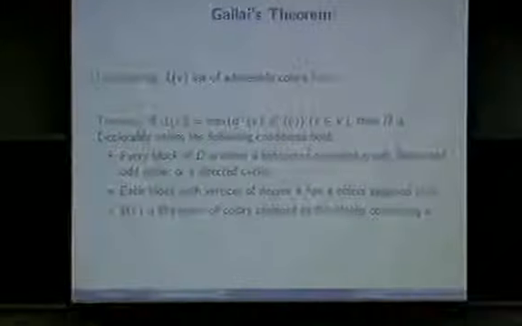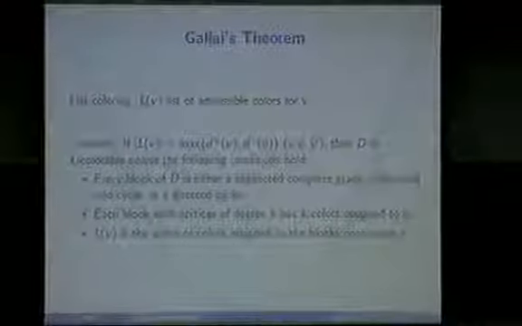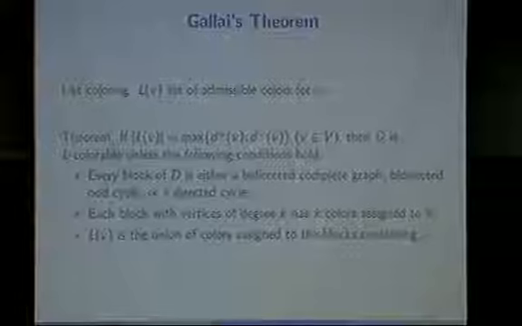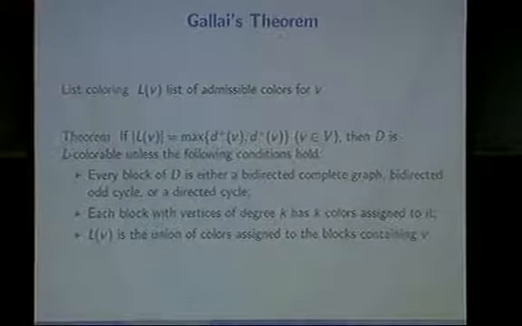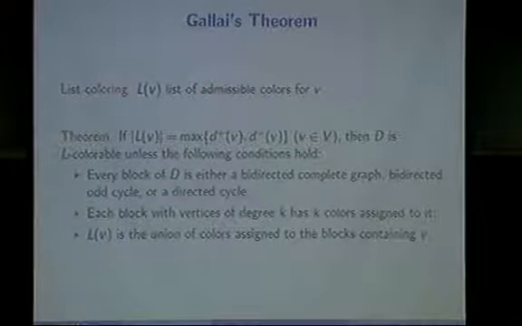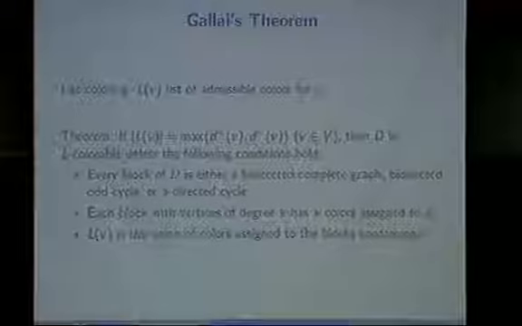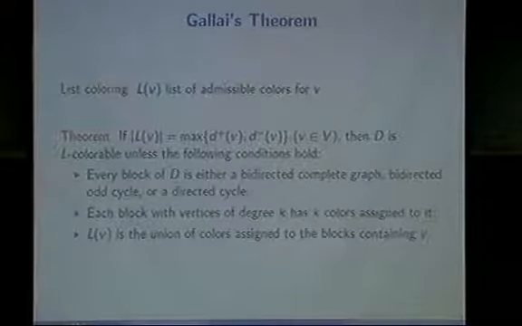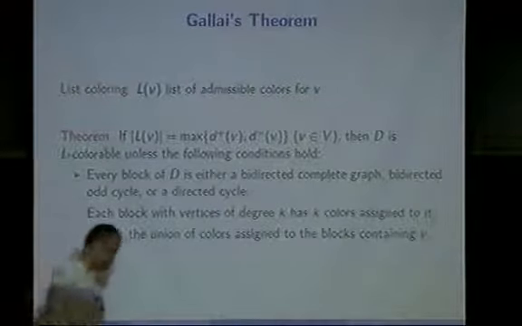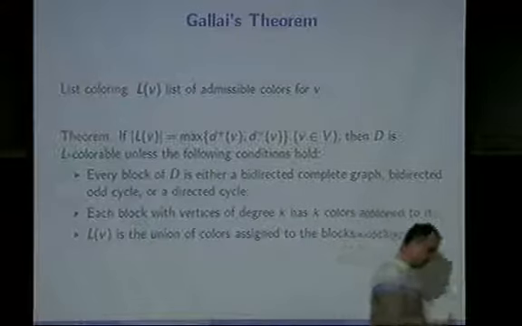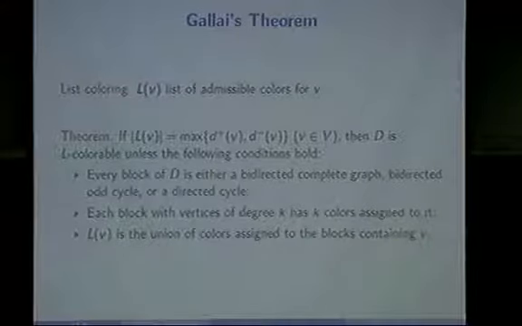So the setting is that I have such a graph where the number of available colors at each vertex is equal to the degree, and then you show that if this graph is not colorable, then it must have this special structure of Gallai's theorem. And it is amazing that this works.